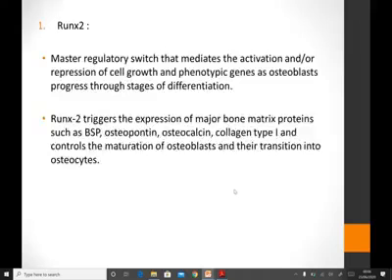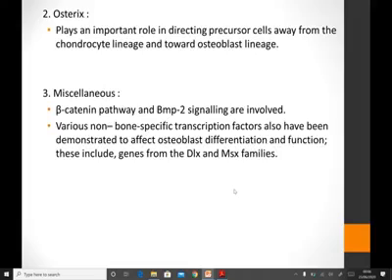So basically all of these transcription factors and growth factors are involved in the formation and differentiation of an osteoblast from the precursor cell, which is a mesenchymal stem cell.